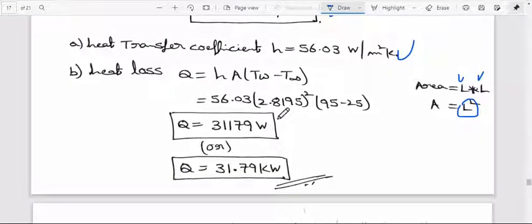The L value is already calculated. So we need to consider this H value, A value and TW minus T infinity values. So Q equals 31179. In terms of kilowatts, 31.79.